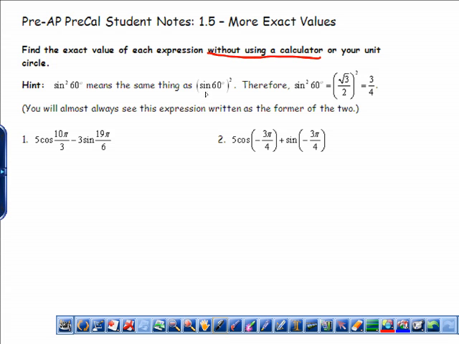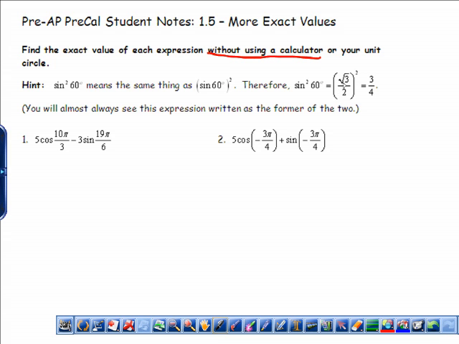This means the same thing as sine of 60 squared. The reason we write it this way is so that it's clear that you're not squaring the 60, but you're squaring the entire thing. So sine squared 60 degrees, or you may hear this as sine of 60 squared, although it means the whole thing squared.